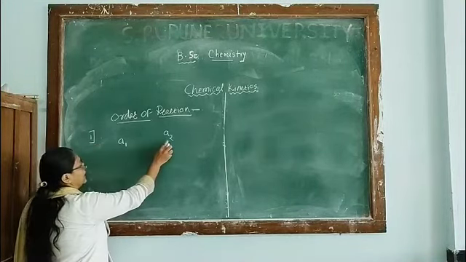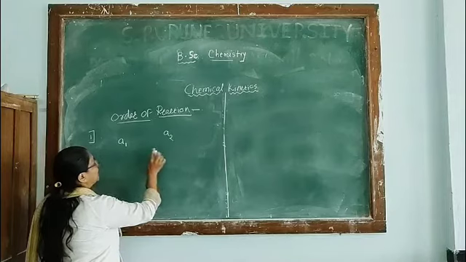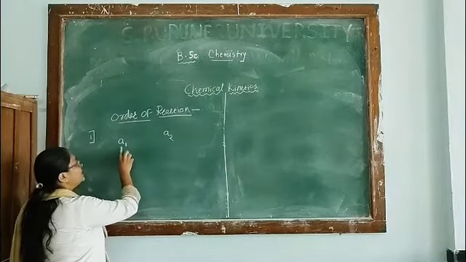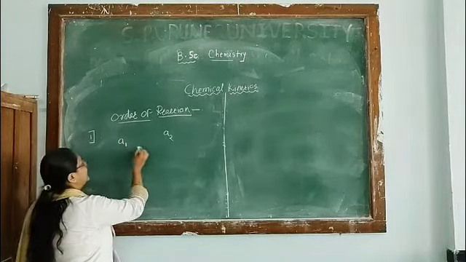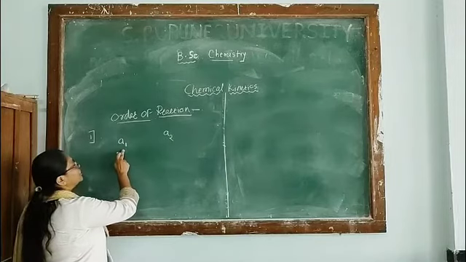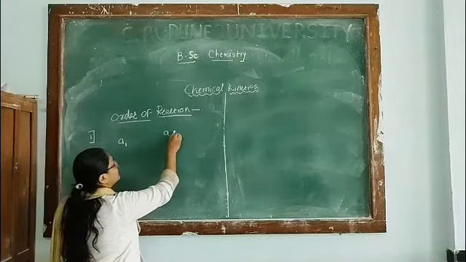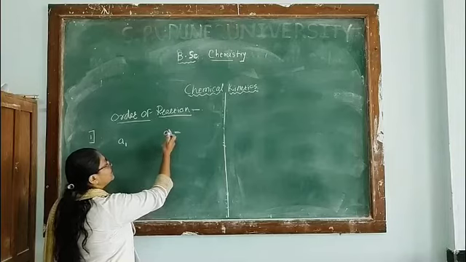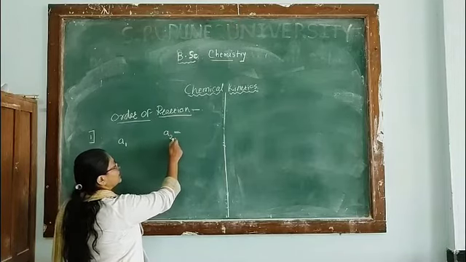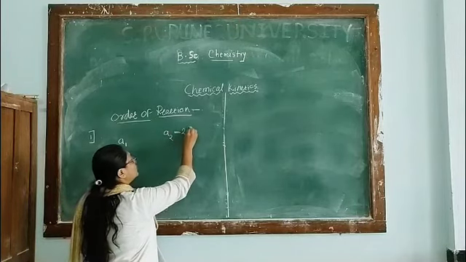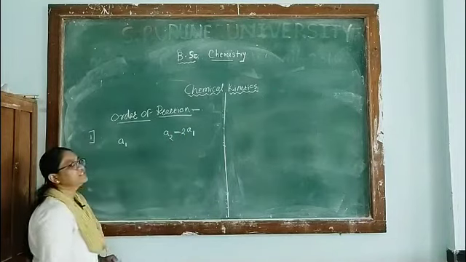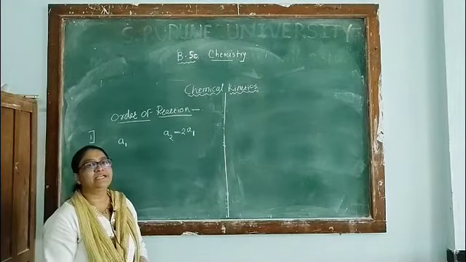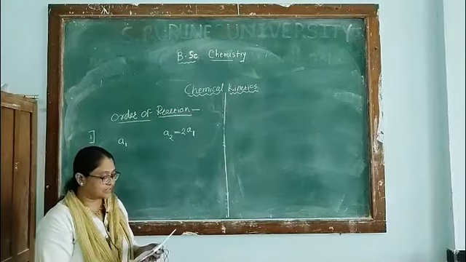That means while carrying out the second reaction the concentration is doubled. So if in the first reaction the concentration is A1, the initial concentration in the second reaction, A2, is equal to twice of A1. This is the condition given related to the initial concentrations.